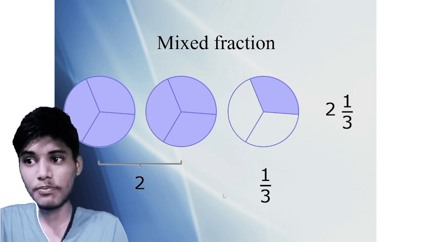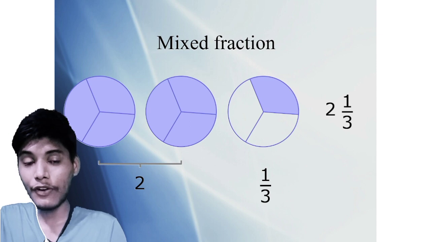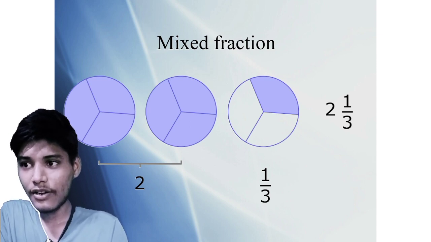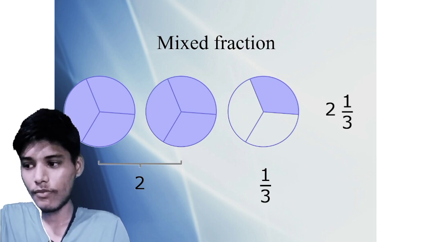If we combine these, then the answer will be 2 1 by 3. So these are mixed fractions, where improper fractions are written in a proper form.